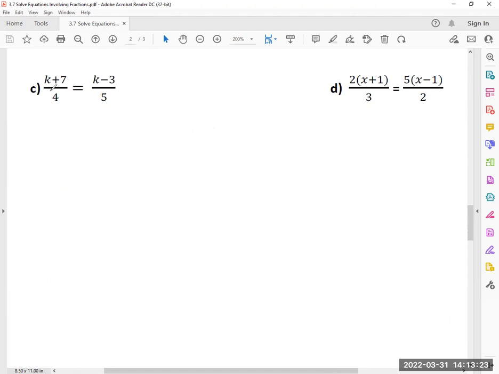And I hope that you make that connection and feel encouraged by it, but here we go. Common multiple between 4 and 5. Thank you. So I'm going to multiply both sides by a 20.